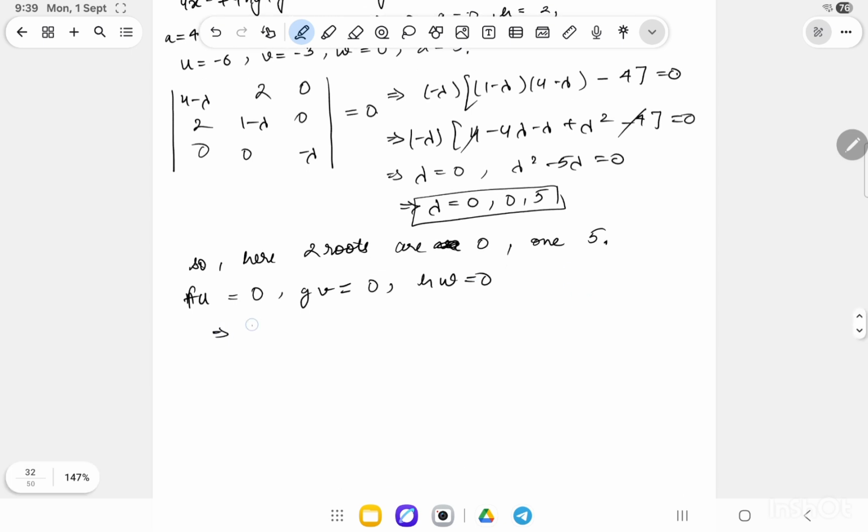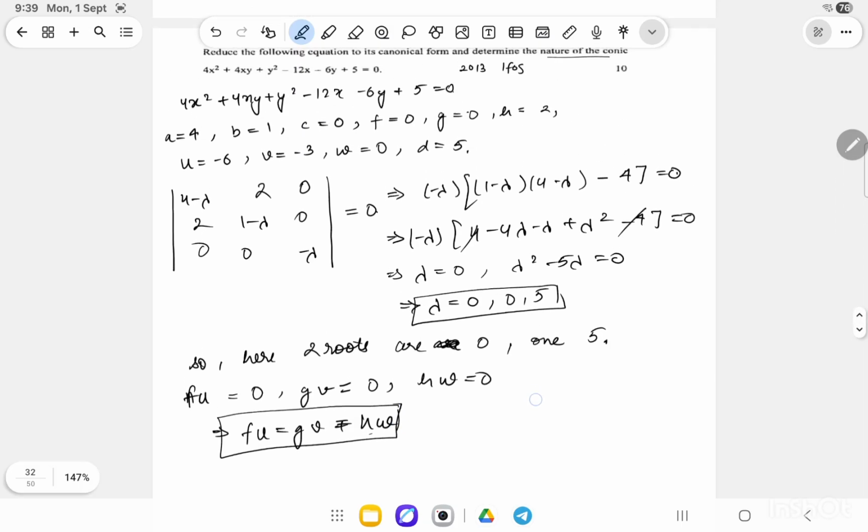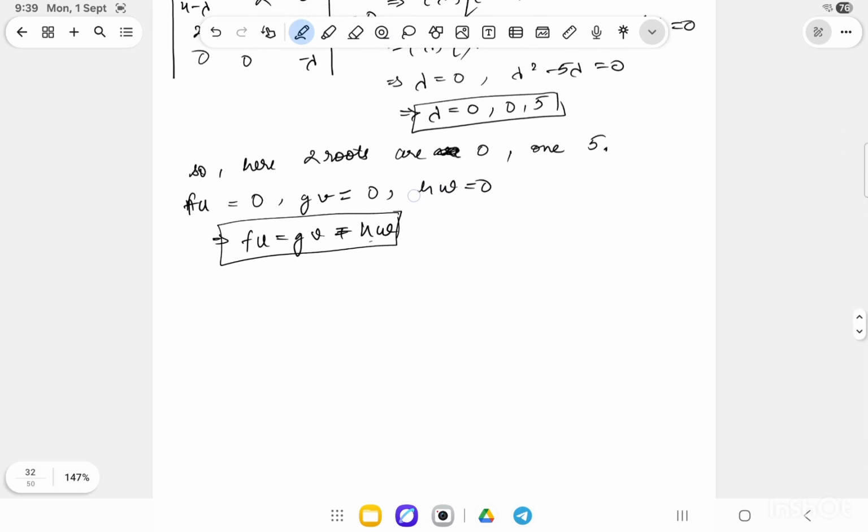So which says that fu is equal to gv is equal to hw. So if any discriminating cubic has two roots at 0 and also satisfies this equation, then the given equation represents basically equation of planes.